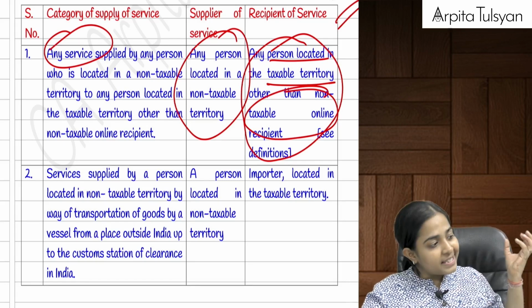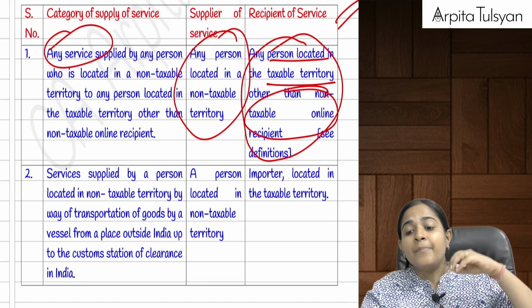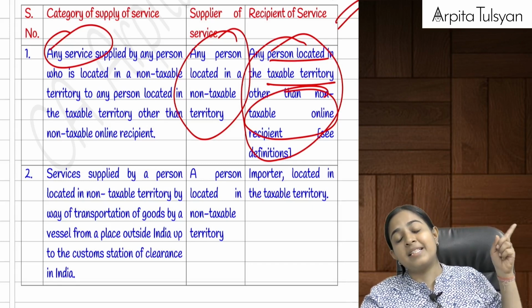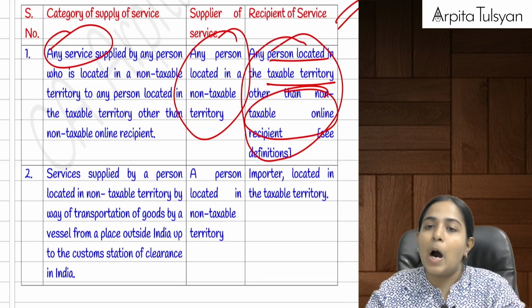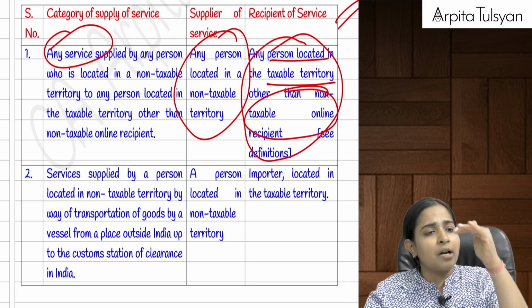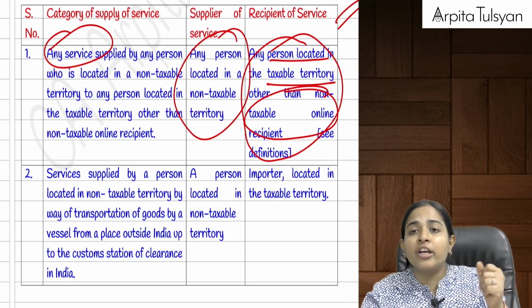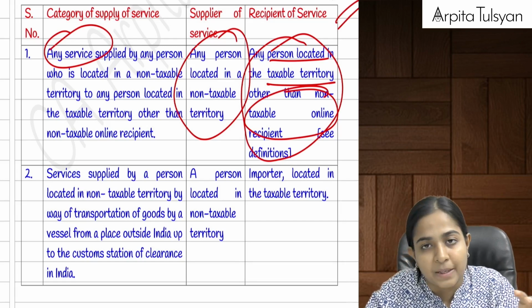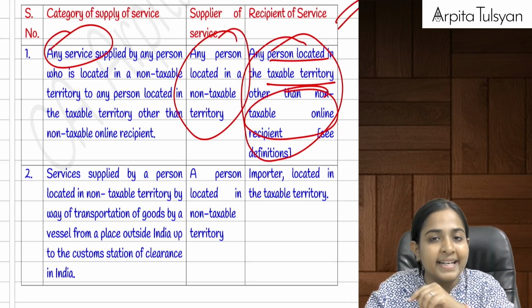Unregistered person receiving OIDR services. I am an unregistered person situated here in India, but I am receiving OIDR services from outside India. Okay, example, a normal small kid watching Netflix. Okay, he has taken a Netflix subscription. Can we say that falls under OIDR services?